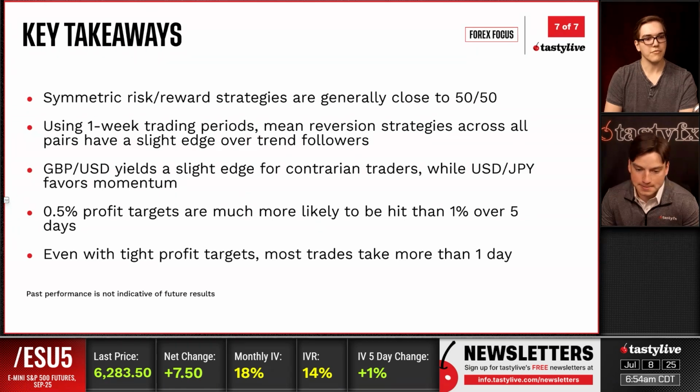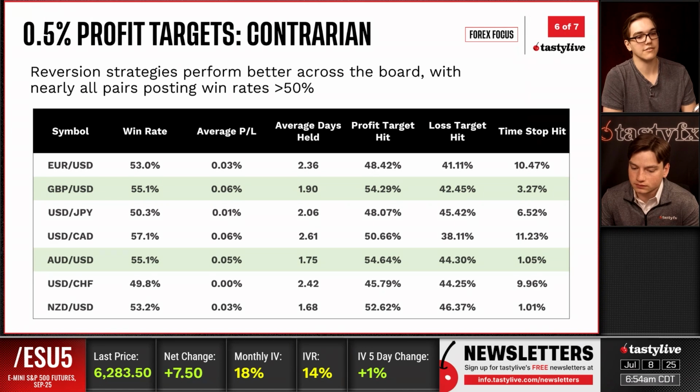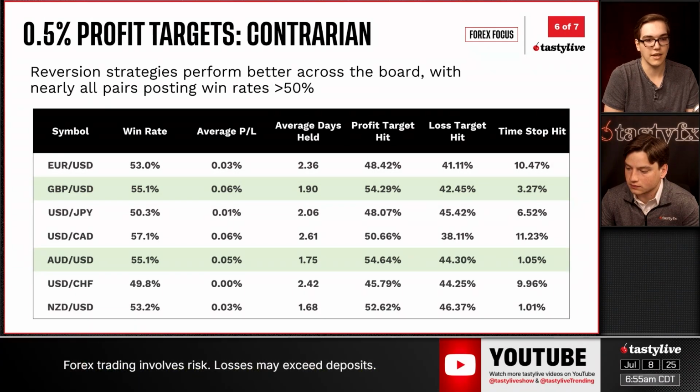It's pretty interesting. If you go to that last 0.5% profit target contrarian slide, that one here, it just goes to show you how correlated Aussie and Kiwi are, right? NZD/USD, I should say. And again, not exactly, but Kiwi is kind of like a higher beta Aussie, right? It moves more.